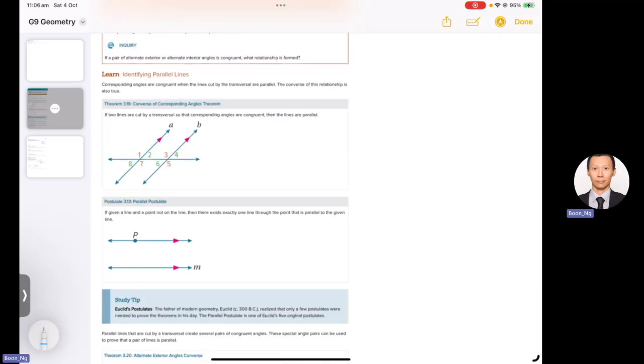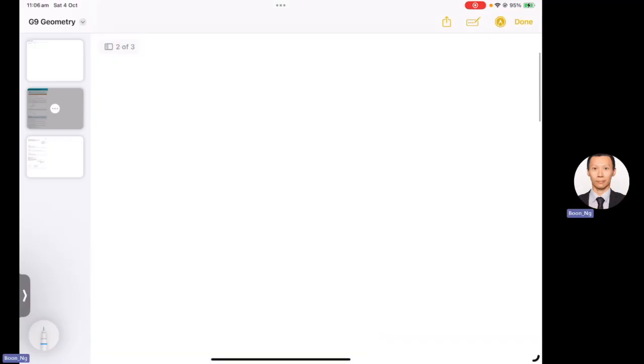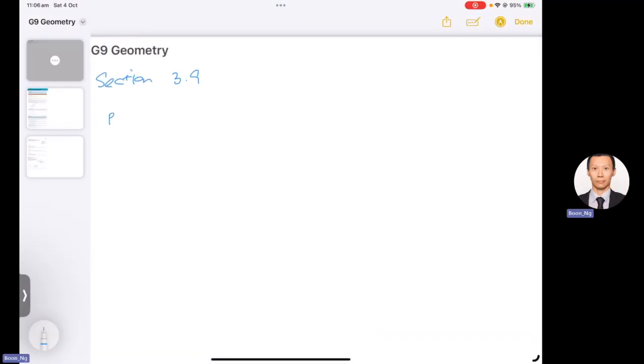So we have learned a couple of things. Let me recap a little bit. So the vocab: parallel lines, transversal, consecutive interior angle, alternate interior angles, corresponding angles.